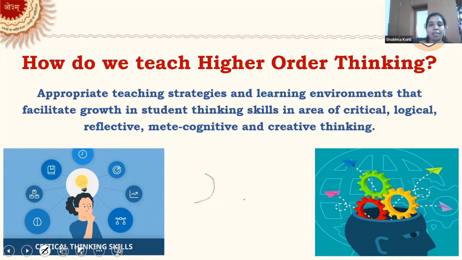The way we approach, the strategies we use in the classroom, the kind of environment we make for the student will facilitate growth in student thinking skills, and they will be able to think critically, creatively, and solve problems using all these skills.